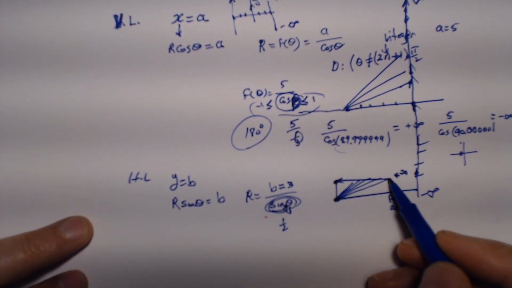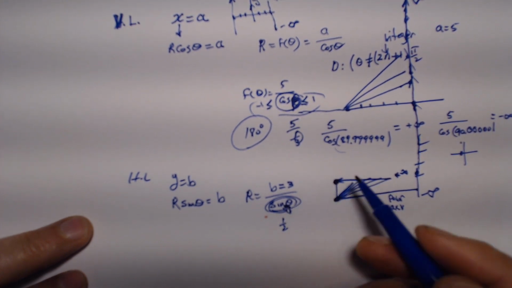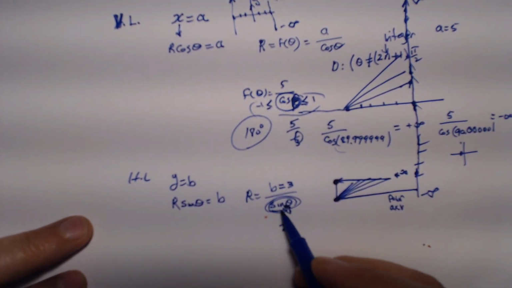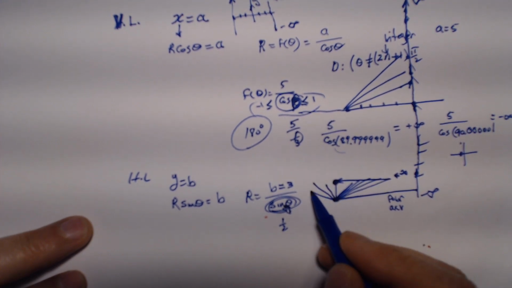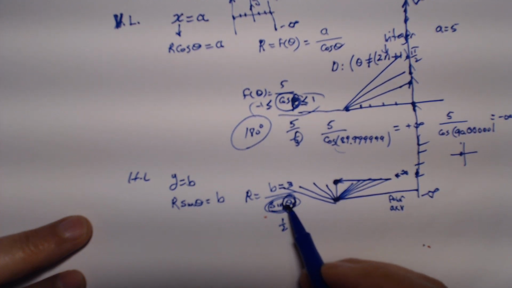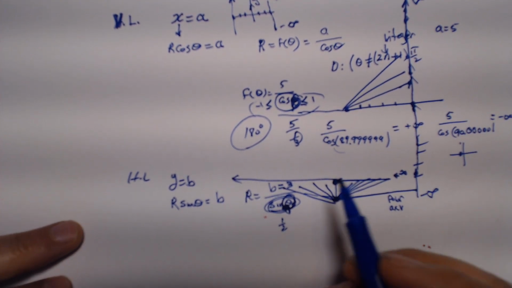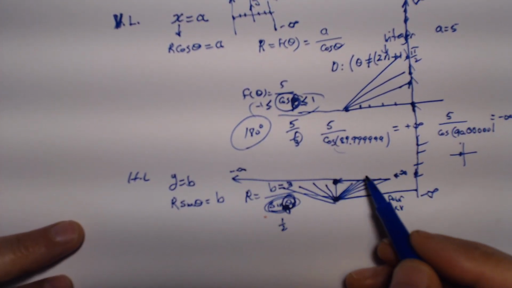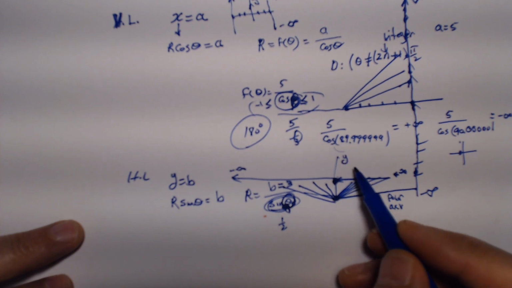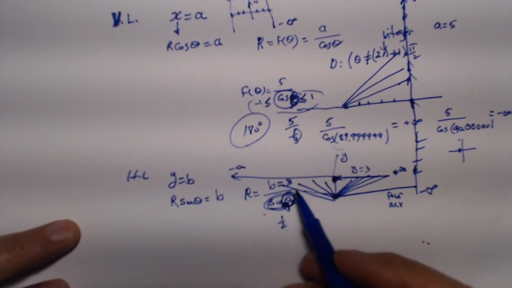Therefore, it starts from plus infinity, comes to 3, but after that, in the second quadrant, the sine is positive and r starts getting larger and larger. The minute you get to 180 degrees, sine of 180 degrees is 0, 3 over 0, it goes to infinity. Therefore, that graph becomes exactly y equal to 3. That's the horizontal line, and it needed only 180 degrees.